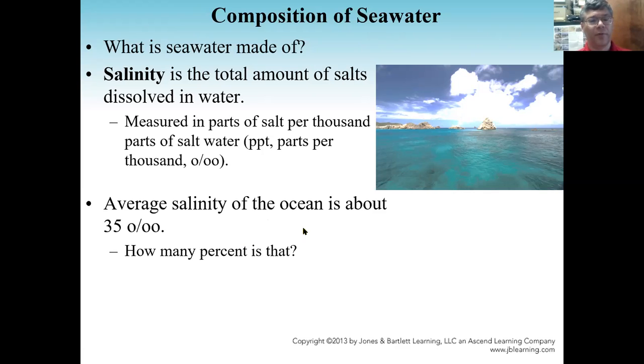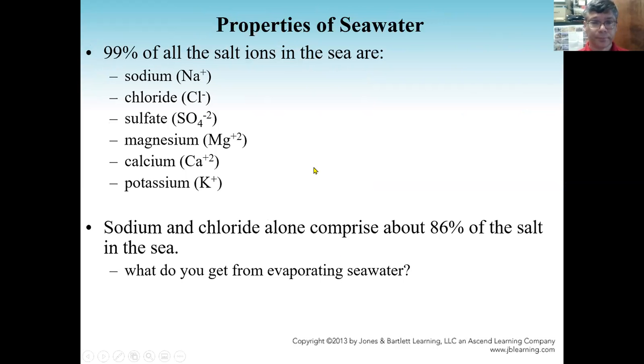So 35 parts per thousand is the same as 3.5%. What is the salt? Almost all of it is made up of just 6 different types of ions: sodium, chloride, sulfate (sulfur and oxygen together), magnesium, calcium, and potassium.